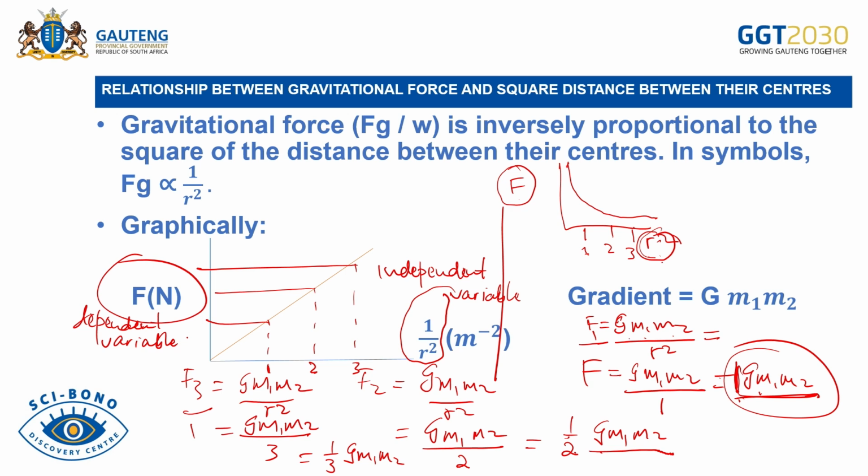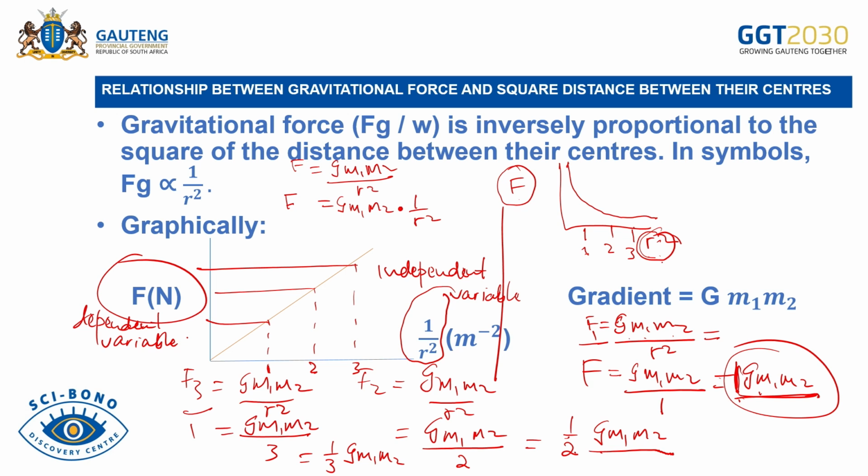So let's check what will happen to F if we increase 1 over R squared. I'm having F equals G m1 m2 over R squared. This is the same as G m1 m2 multiplied by 1 over R squared.